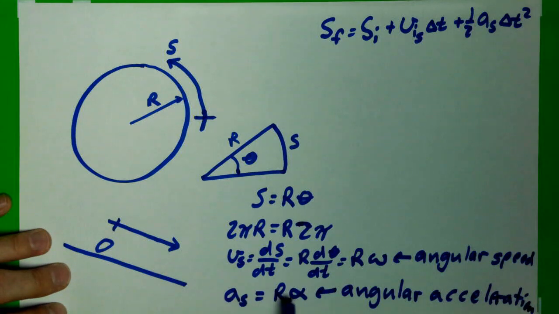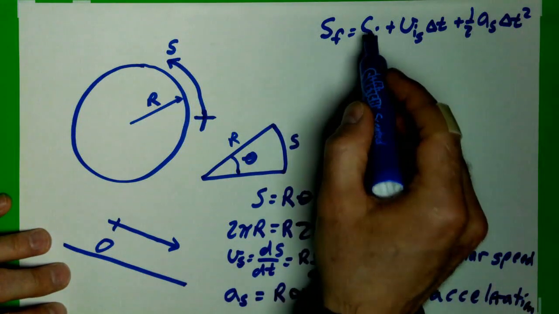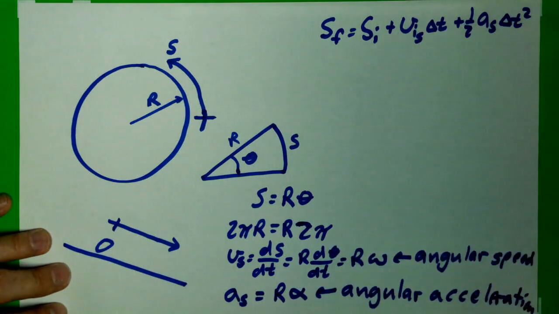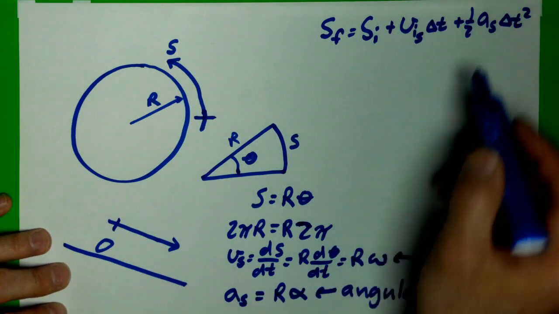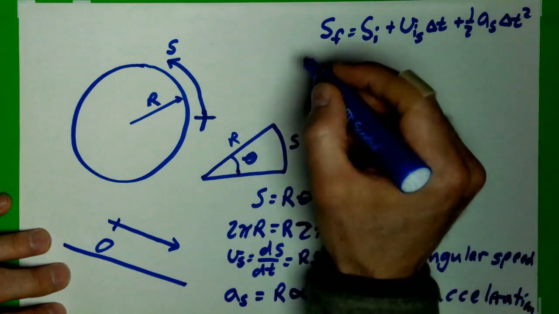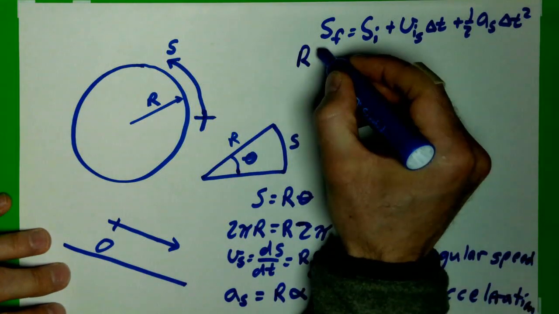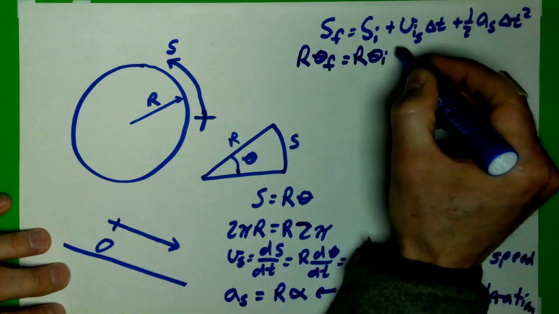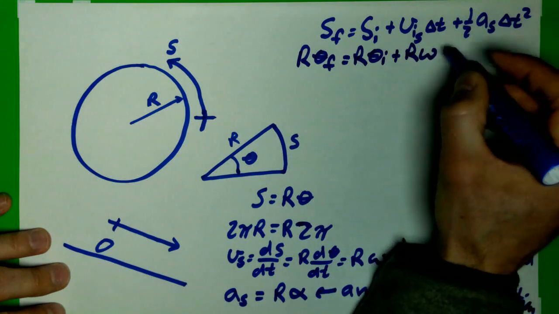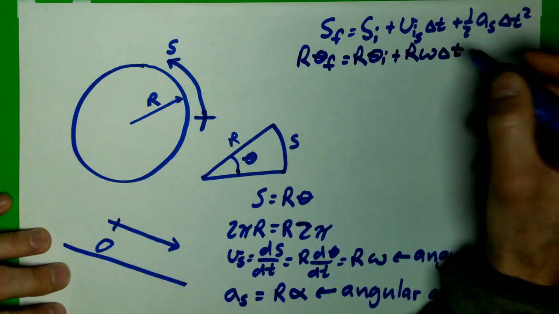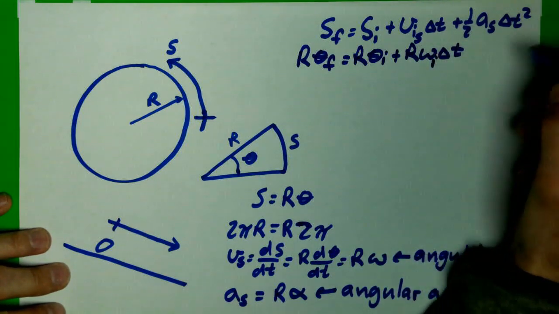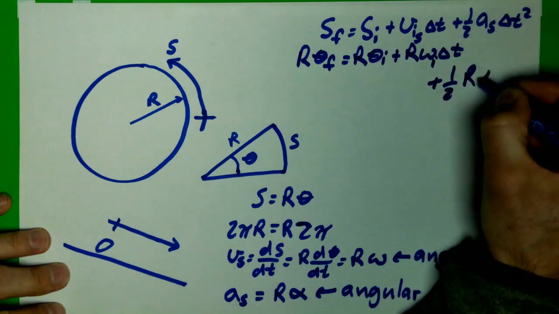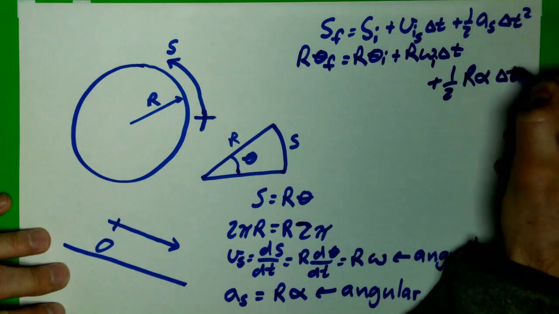With these, we can replace s with r theta, replace v with r omega, and replace a with r alpha. We end up with r theta final equals r theta initial plus r omega initial delta t plus one-half r alpha delta t squared.